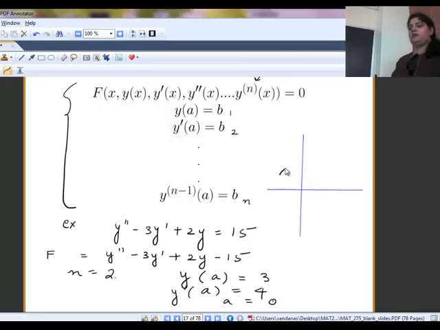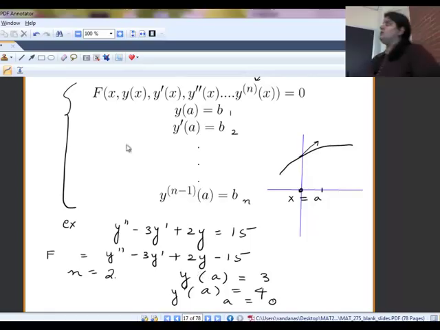So if my curve is like this and x equals a is, in this case, the origin, then at this point I want the value of the function, and at the same time the value of its derivative, the tangent, at exactly the same point. Therefore we always specify the initial conditions at the point a.